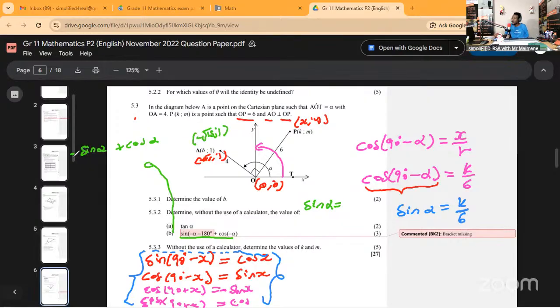Being wrong is not a problem, guys. From the previous solution, sine is x over r. Your x is 1, your r is 4, so sine was 1 over 4. At least, am I right that you all got this? 1 over 4.